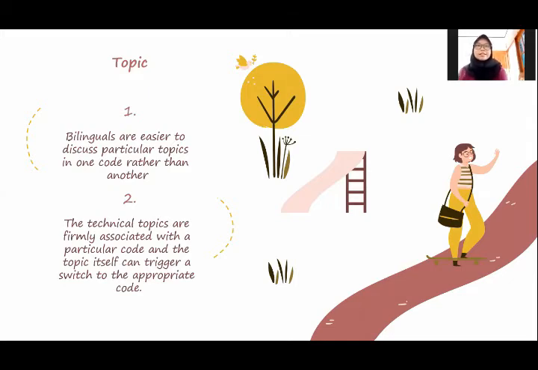The second is about topic. Bilinguals often find it easier to discuss particular topics in one code rather than another. In Hemnesberget, Bokmål is the more appropriate variety for discussing a business matter.